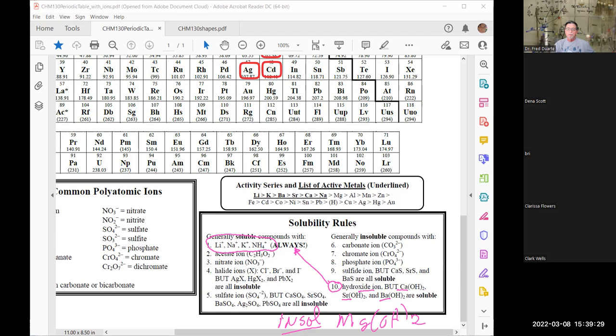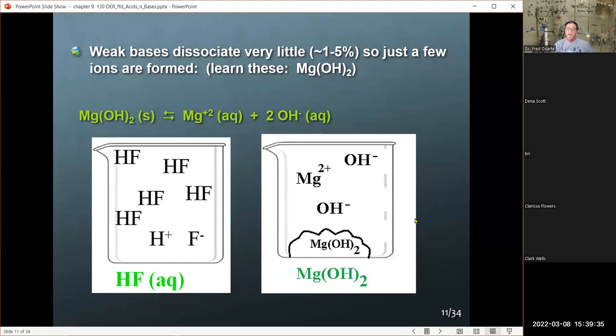And so that being stated tells us that magnesium hydroxide is insoluble based on the solubility rules. Therefore, it has a double error. And yes, there are ions in solution, but the bulk of it is in solid form because it is insoluble.